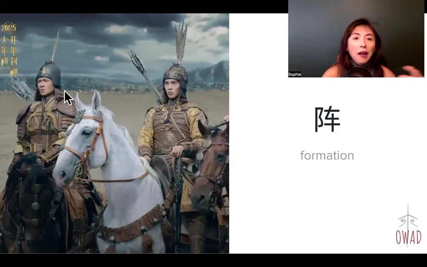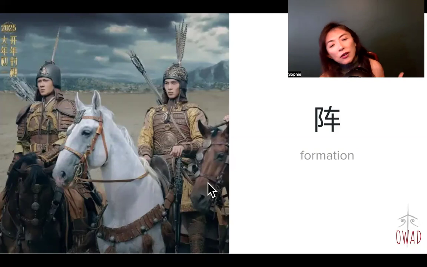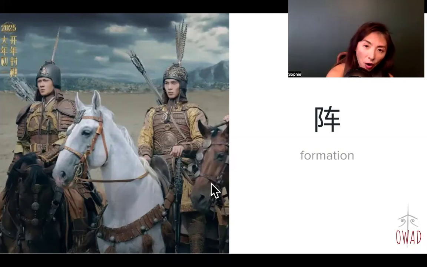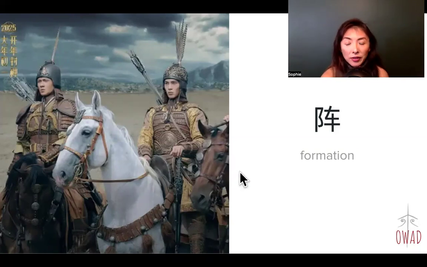And supposedly behind them is this big zhen, this big formation with a bigger army behind them. But these are the generals, the leaders of the army, who stand in front of the zhen. So that's how Chinese visualize and conceptualize what formation, what this war positioning, would look like.